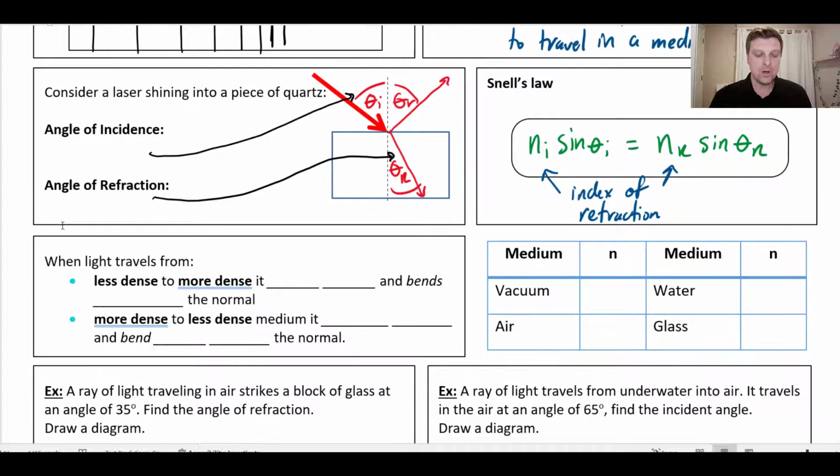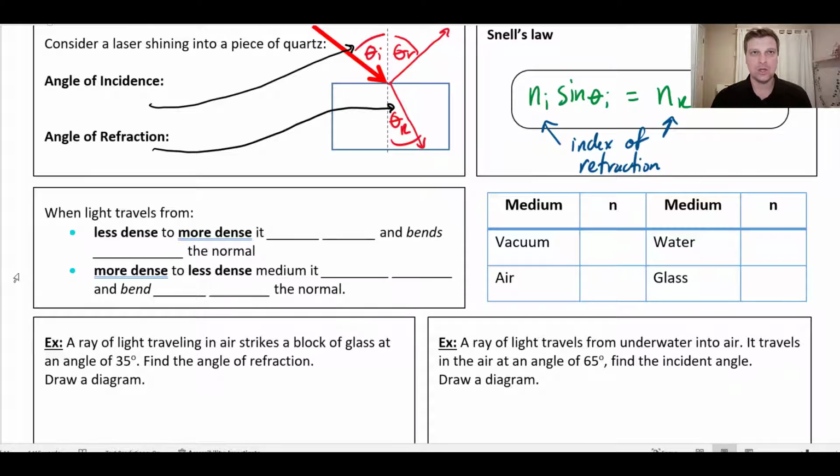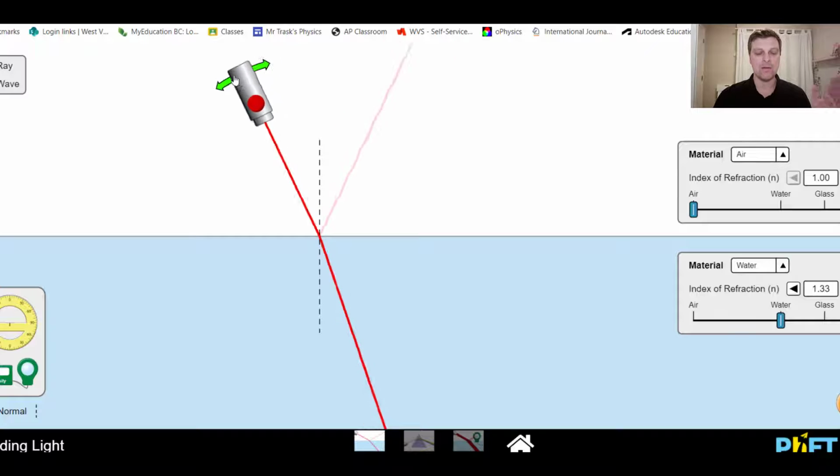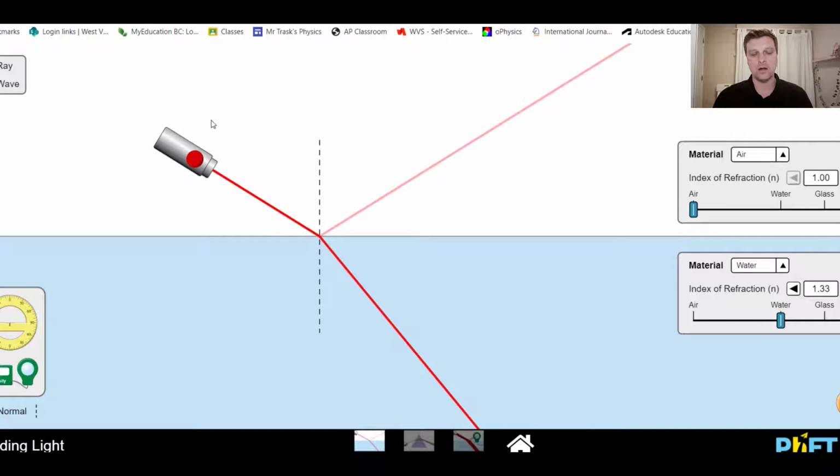So notice that the direction of bending is going to also depend on which way you're going. If I jump back to my example here, in this case, I'm going from air into water. So I'm going from less dense into more dense. You can see the index of refraction of air is about 1, and for water, it's about 1.33.